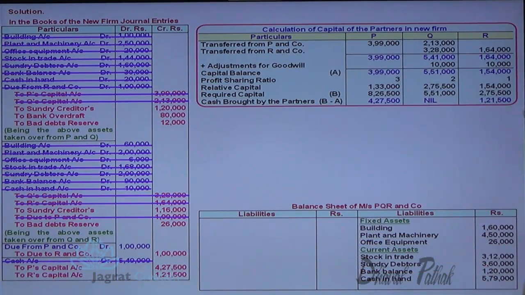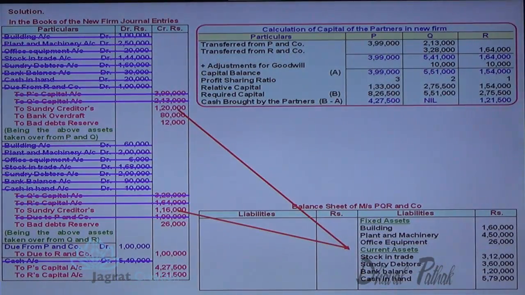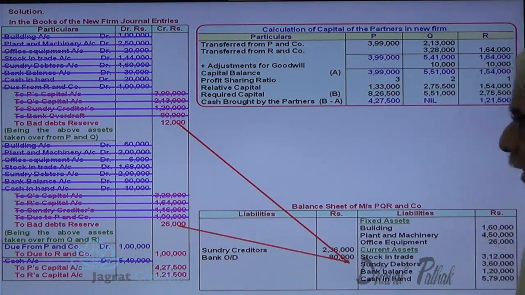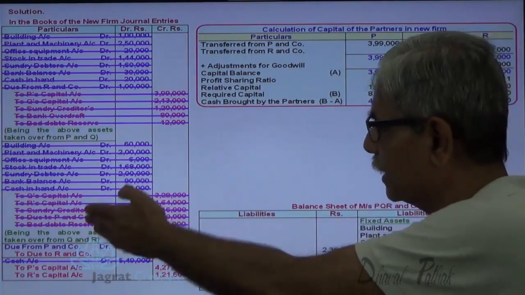Now, capital balance is already considered. Creditors, total 120 plus 116, liability side. Then comes bank overdraft. Bad debt reserve I write on the liability side instead of deducting from debtors. So this is how all these things are considered.